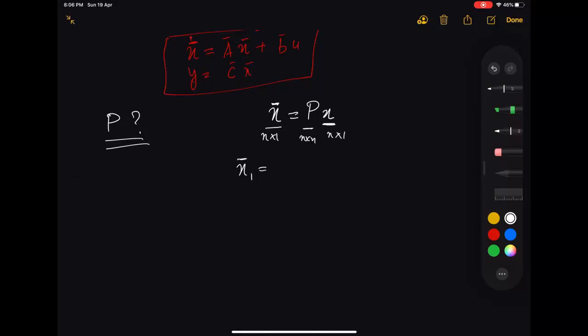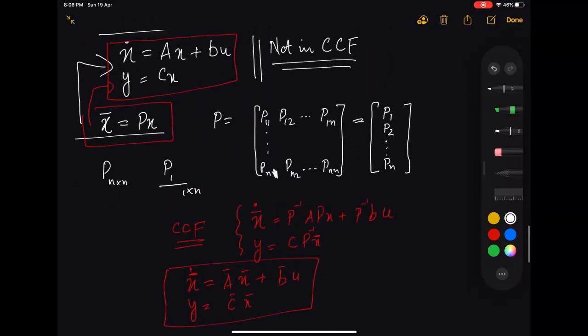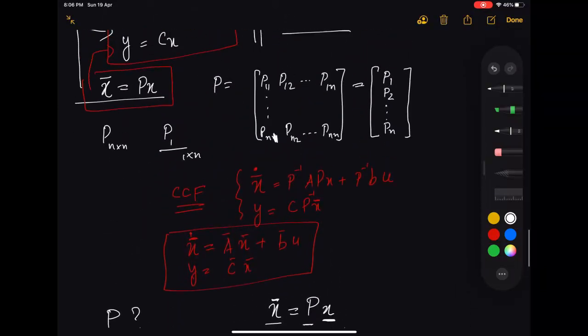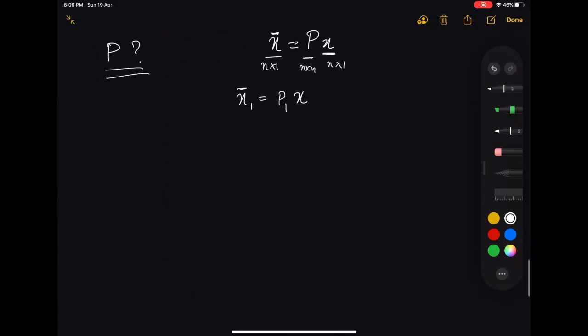I can write this as P1 x. And why is that possible? Because if you look at this multiplication, let me write it like this.